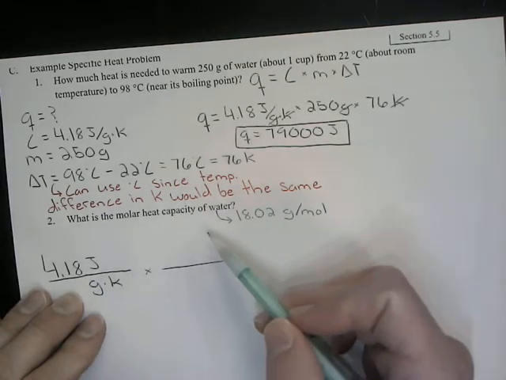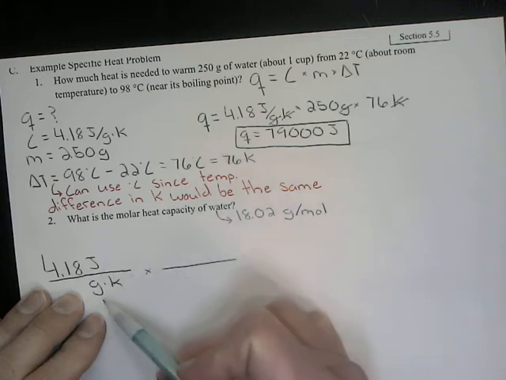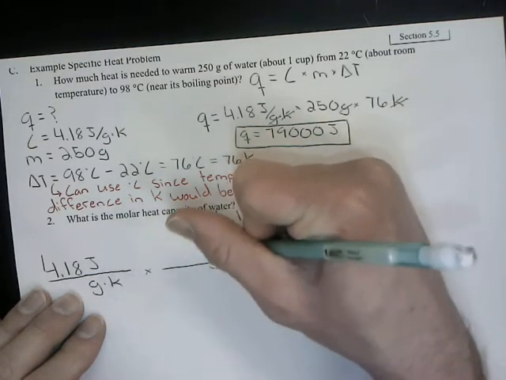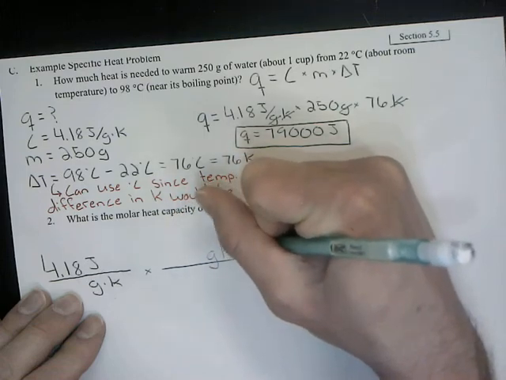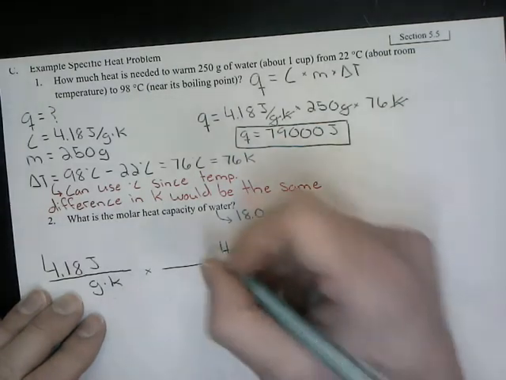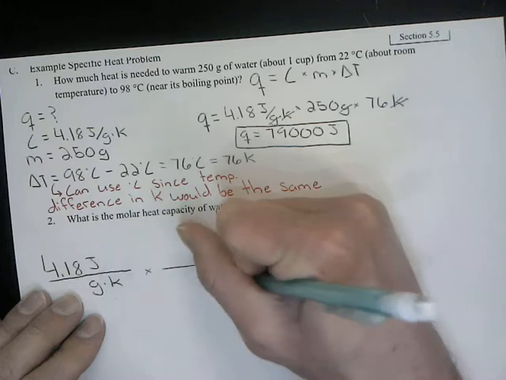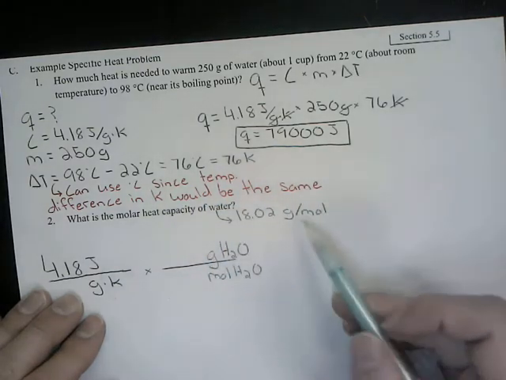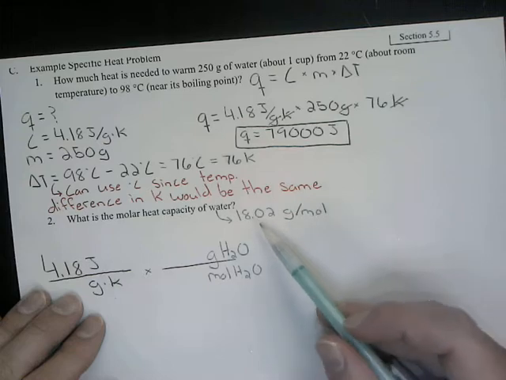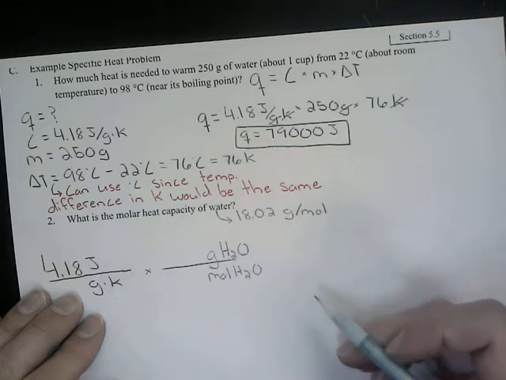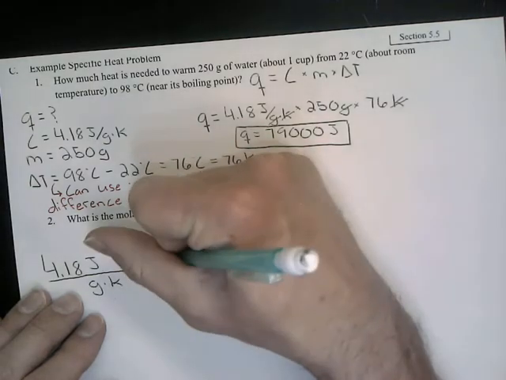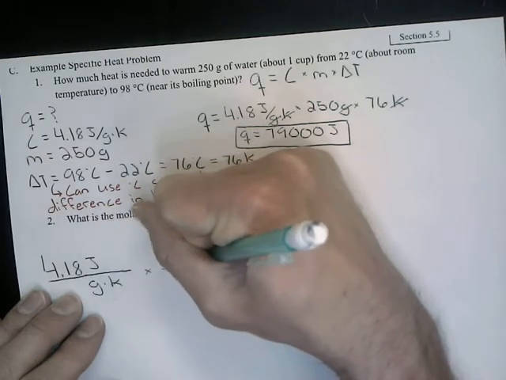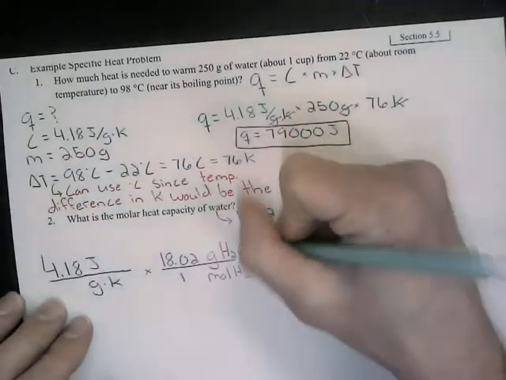So diagonally, from bottom to top, we would put grams of H2O. On bottom, we could put moles of H2O. Our value for the molar mass is 18.02, and that number is associated with grams, so we put 18.02 grams per 1 mole.